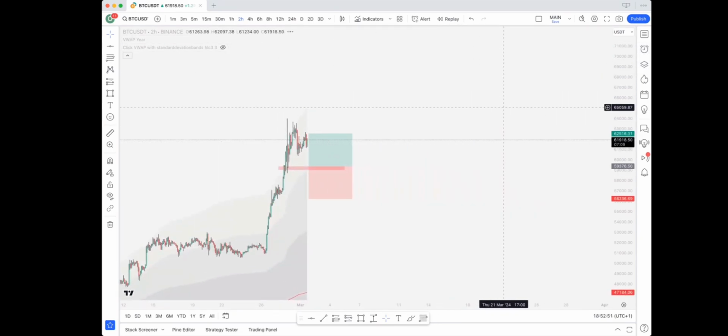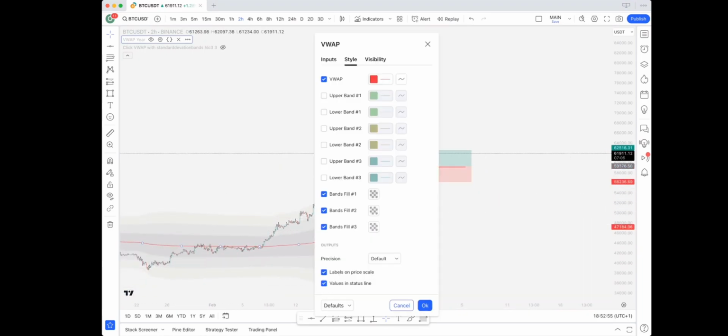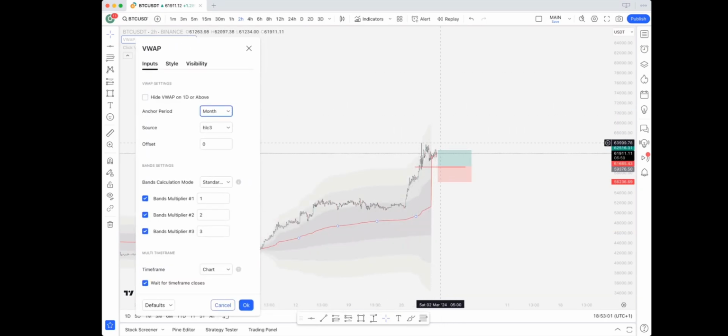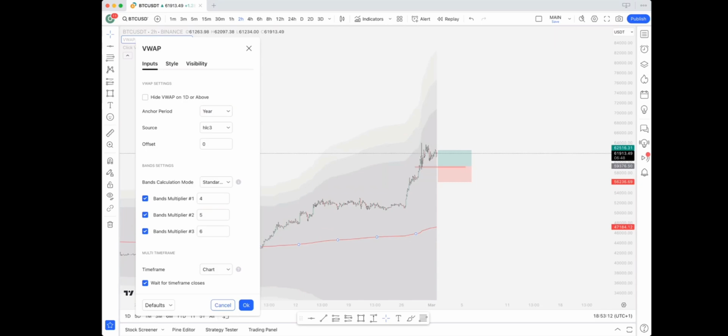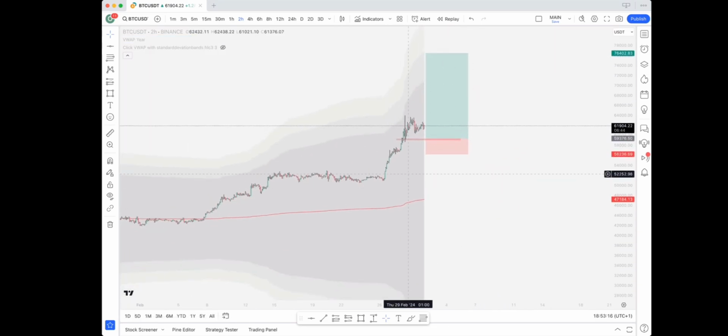Obviously, in times like these where Bitcoin has surged massively, I could go lower, for example, the monthly. And when this doesn't net me a good result, because this is only 67k, I'd go back to the yearly, and instead of 1, 2, 3, I'd do 4, 5, 6. It shows you more deviation bands. So, final TP maybe up here, something like that.